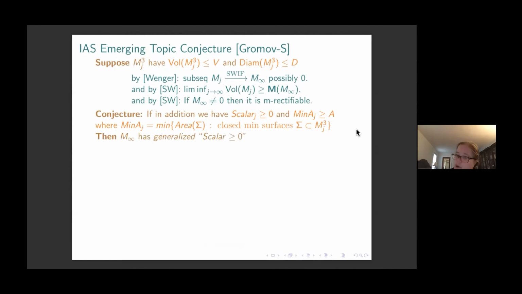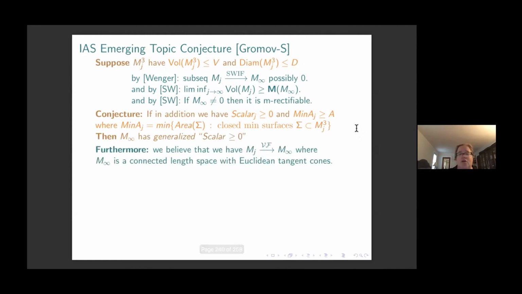But let's talk more about what that means now. We believe that M_j volume preserving intrinsic flat converges to M infinity, where M infinity is a connected length space with Euclidean tangent cones. I haven't really mentioned that before, but that is part of this conjecture. I mentioned that we would have volume preserving convergence to M infinity and generalized scalar curvature greater than or equal to 0.